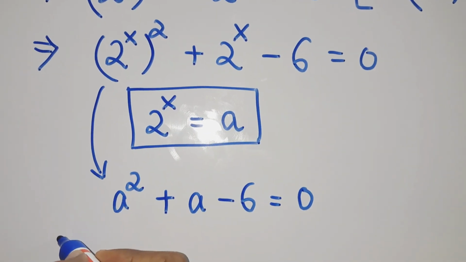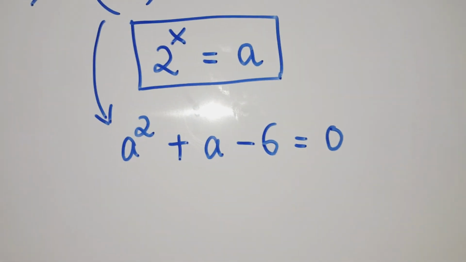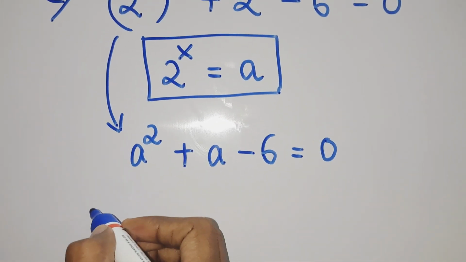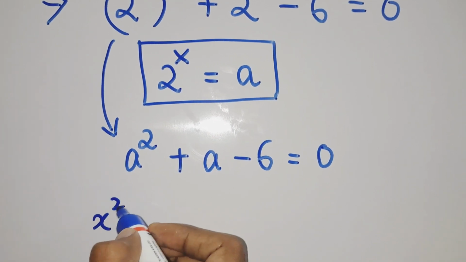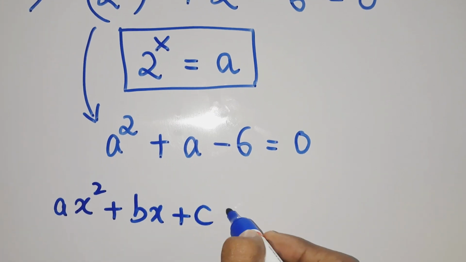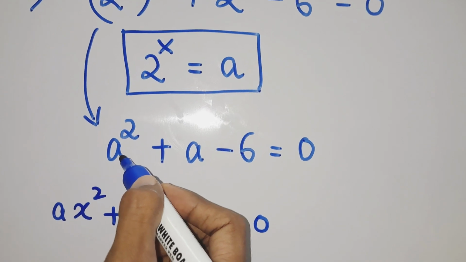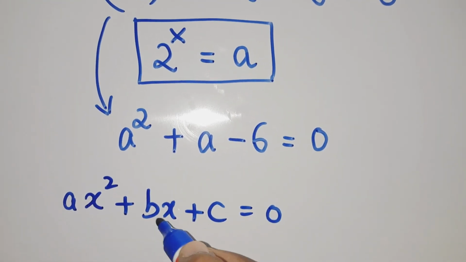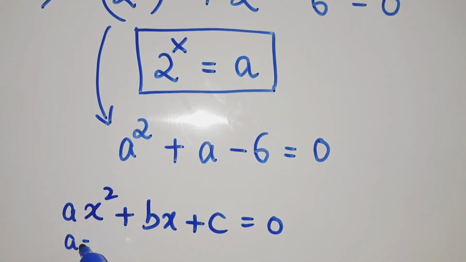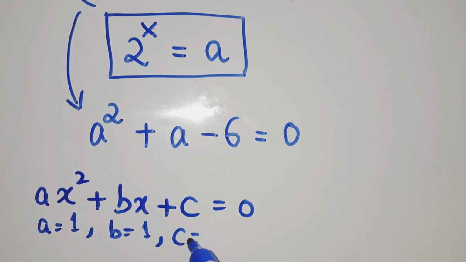Then what we can do? This is of the form of a quadratic equation, say ax square plus bx plus c equals to 0, where x is replaced by a here and the coefficients are a, b and c, where here coefficient a is 1, b is 1 and c is minus 6.